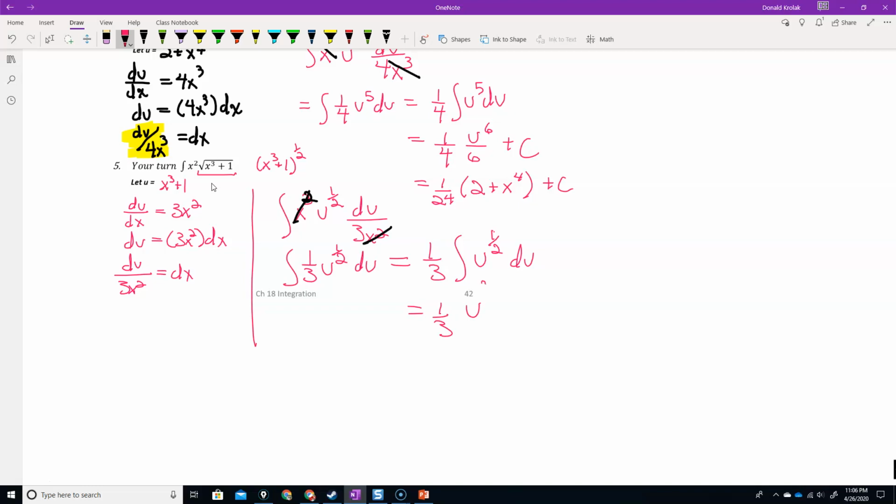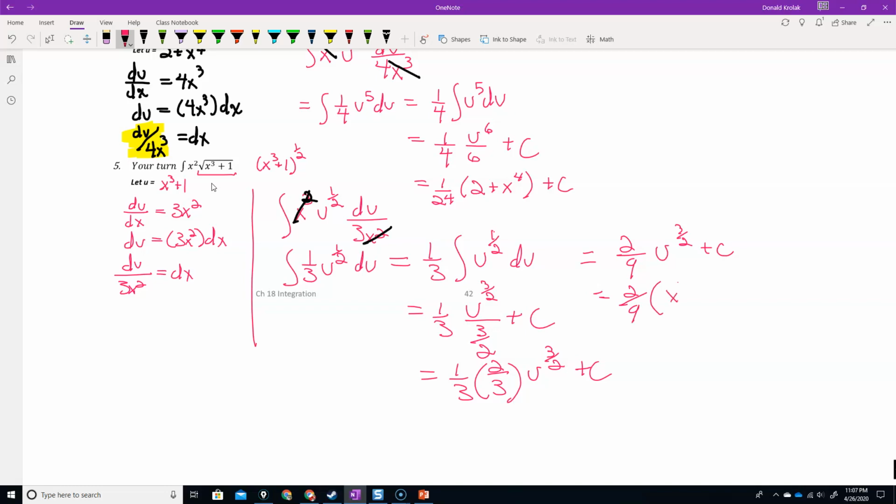Okay, add 1. And then substitute in your u, and there's your antiderivative.